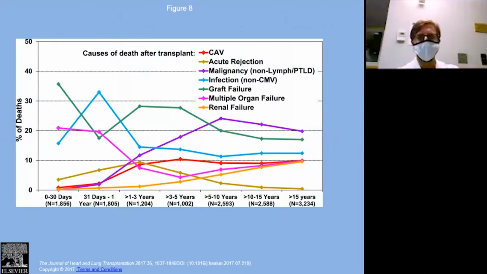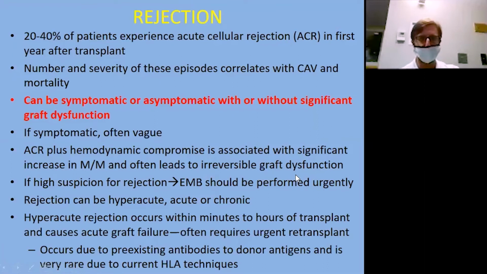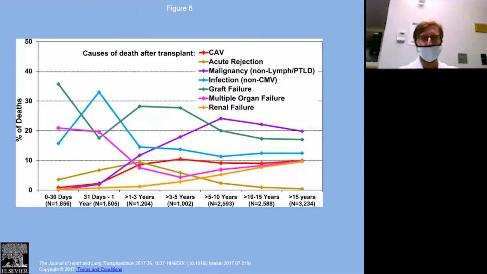Long-term, you can see rejection in the, I guess you would call that beige, maybe. It's third from the bottom in the early period, and if you track that on, it really is not one of the top 3 causes of death in these patients. And if you look beyond 5 to 10 years, it's one of the least likely causes of death.